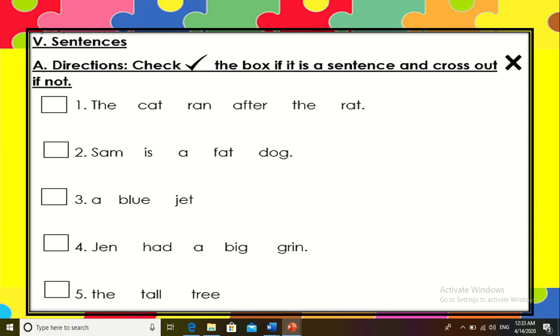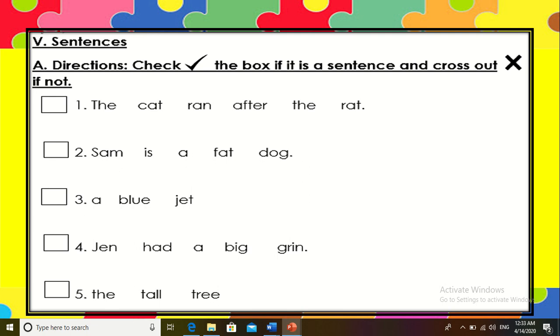Now, part 5 is about sentences. What have you remembered about sentences, KGs? Okay, sentences, they are a group of words which express a complete thought or idea.